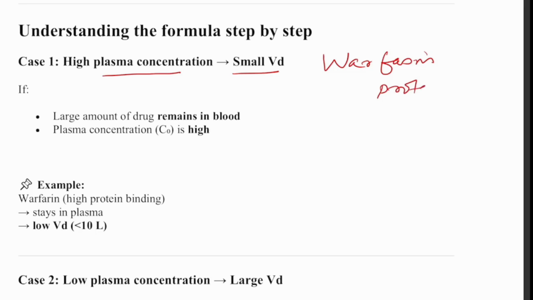So we have explained that the protein binding also determines the volume of distribution. So it stays in plasma. It is bound to protein, so the drug will be remaining in the plasma for a long time. So volume of distribution is less than 10 liters.